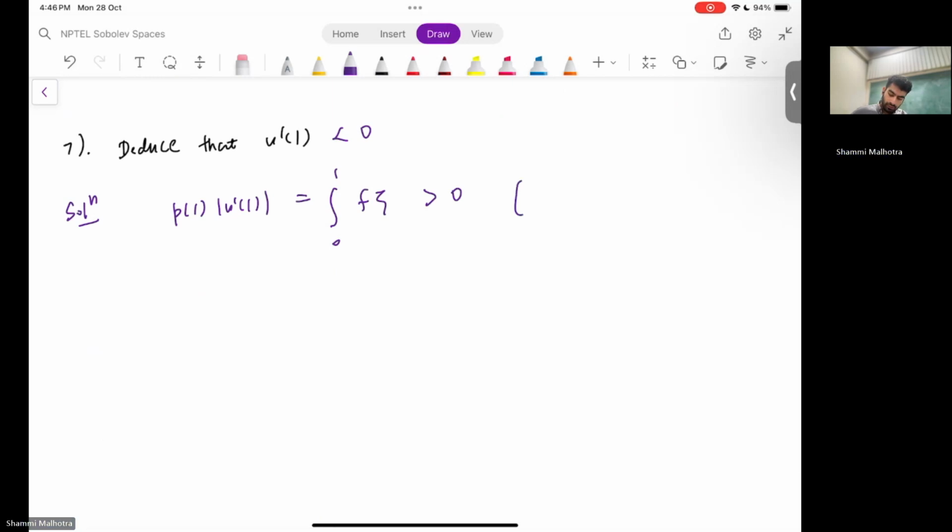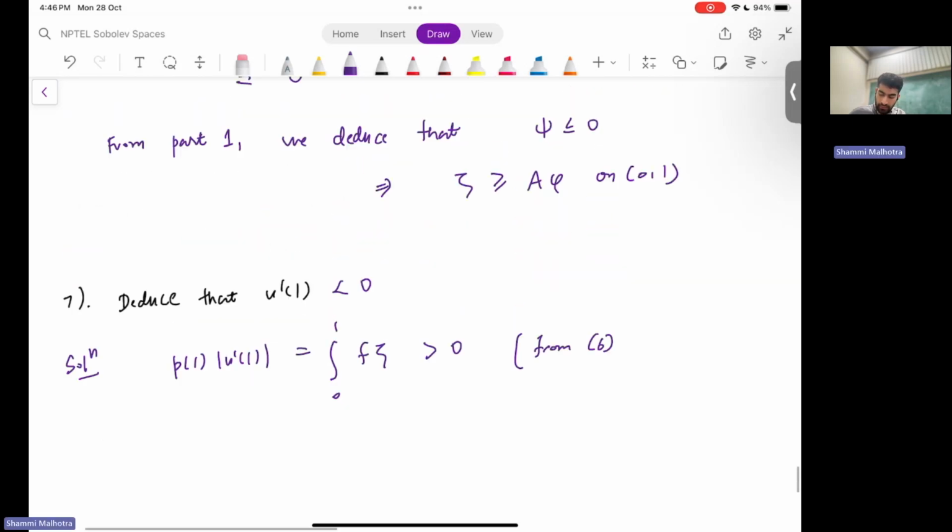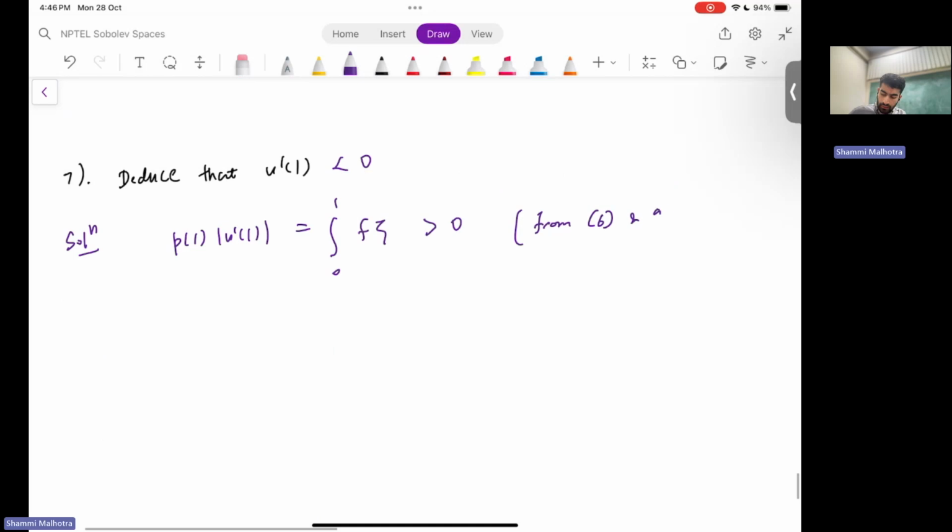So from 6 and the assumption on f we are getting this. Once that is the case, this will imply that actually u dash 1 is less than 0.